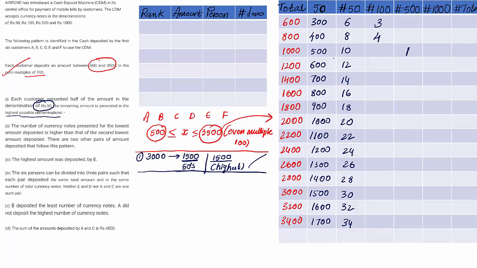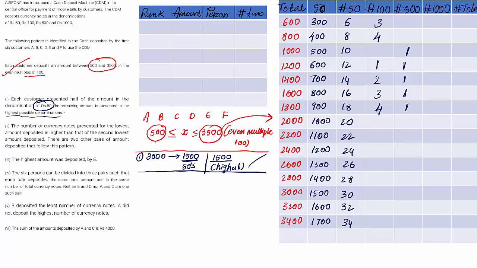Similarly, with 600 I'll use one 500 and one 100. 700 is 1 and 2, which makes up 700, and 800 is one 500 and three 100s, and one 500 and four 100s will give you 900 rupees.